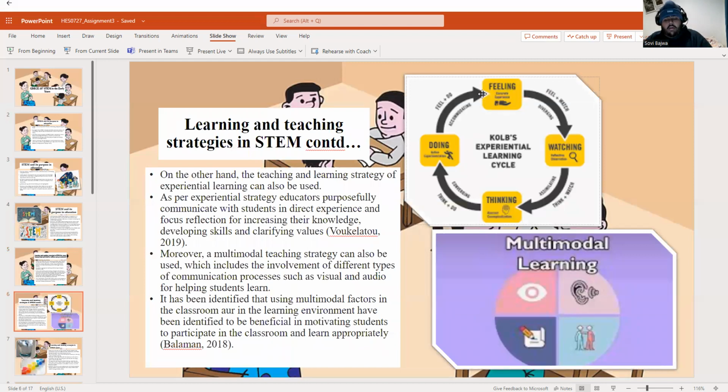Now we're going to talk about learning and teaching strategies in STEM. Some activities can be used, such as mixing two watercolors and seeing what color it makes, or making Play-Doh. In Play-Doh, it's going to show them that stuff like flour gets doughy if you put water in it.